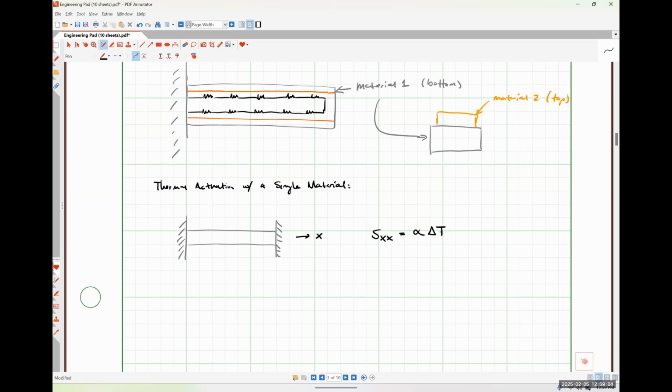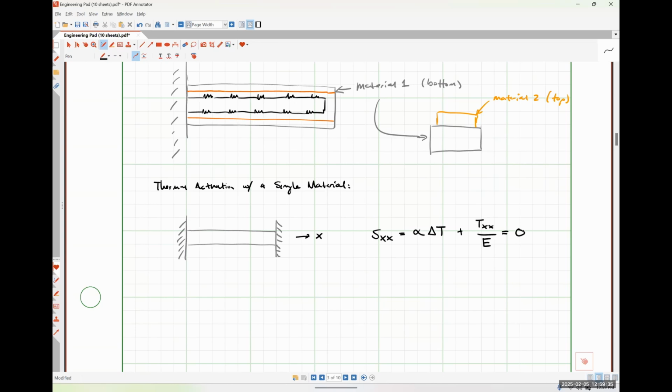However, we're also going to have some strain caused by this material trying to expand. So that's going to be Txx over Young's modulus, and this net strain has to come out to be zero because the material isn't deforming, right? So it's trying to deform, it wants to deform, but if we bound it on both sides, we can't.